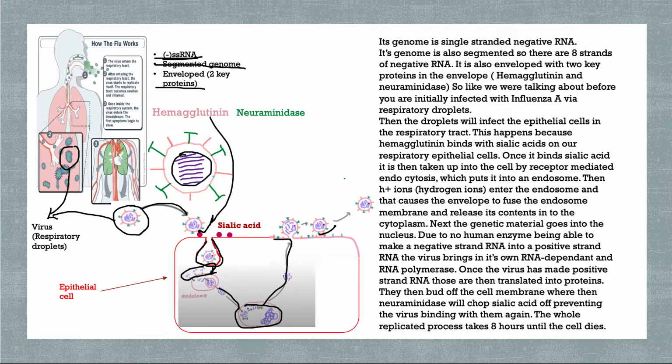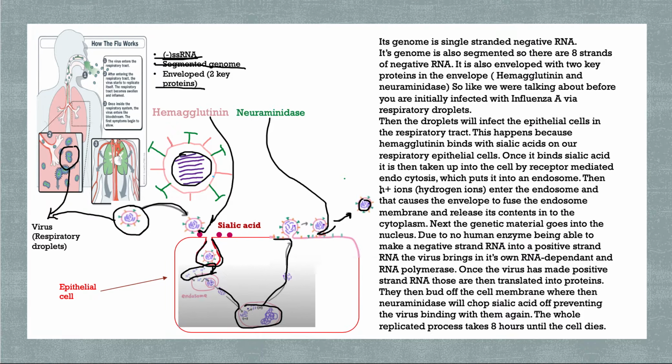So pretty much what this is doing is the neuraminidase is chopping off the sialic acid, as otherwise the process would repeat and the virus would not leave the body. So neuraminidase chops off the sialic acid from bonding with the virus again, and it releases the virus from the body.